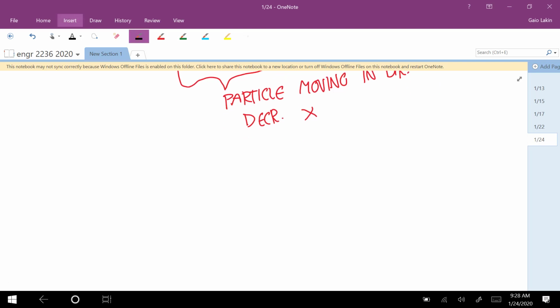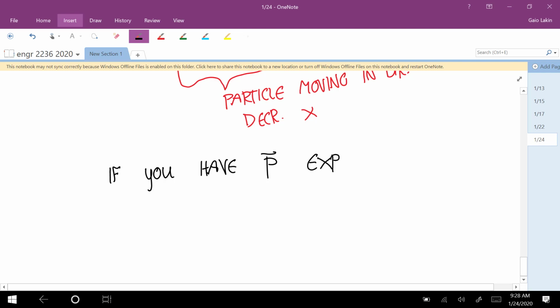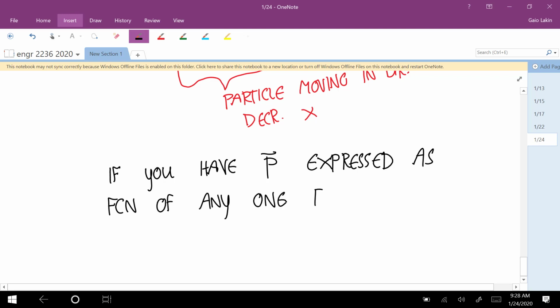So if you have a position vector expressed as a function of any one parameter, so that's what we call a parameterization.